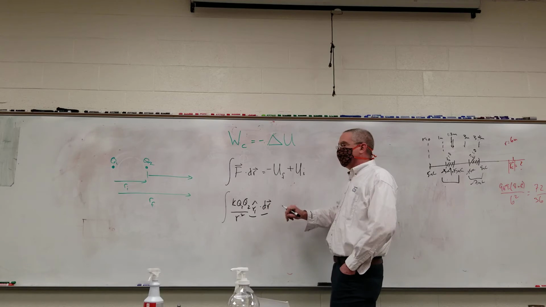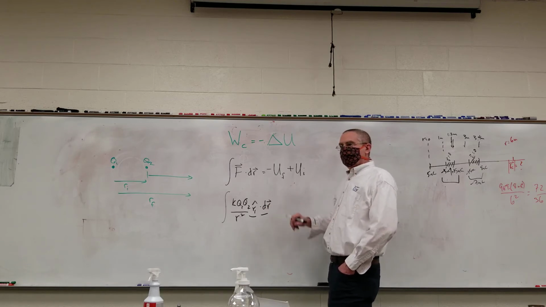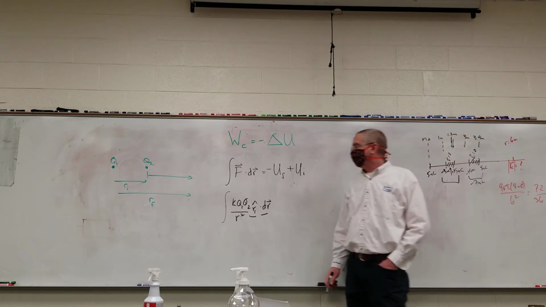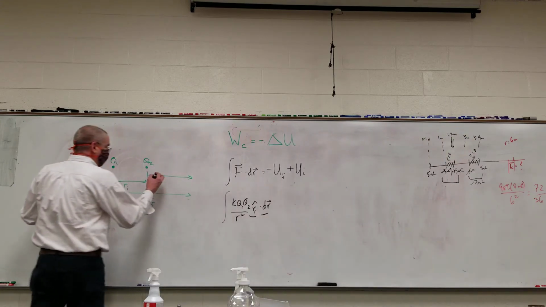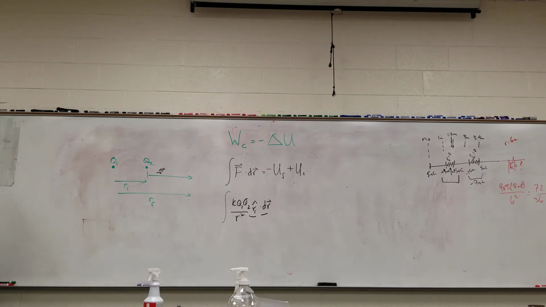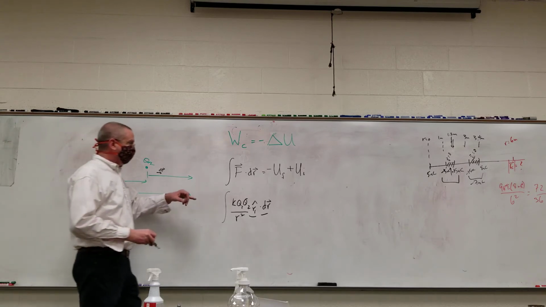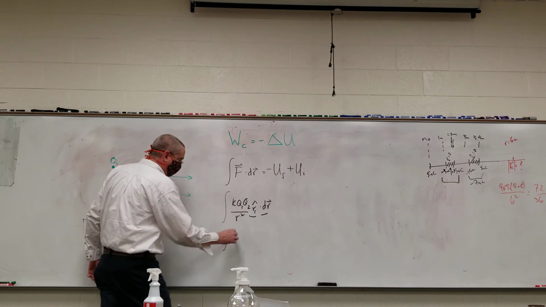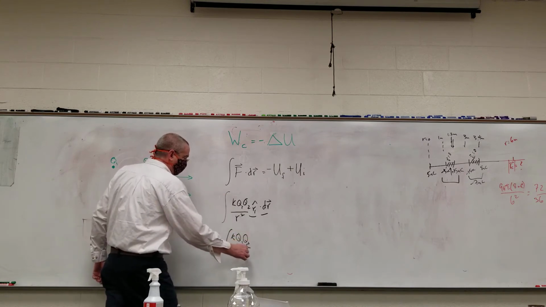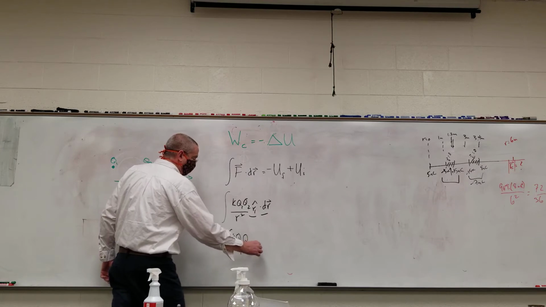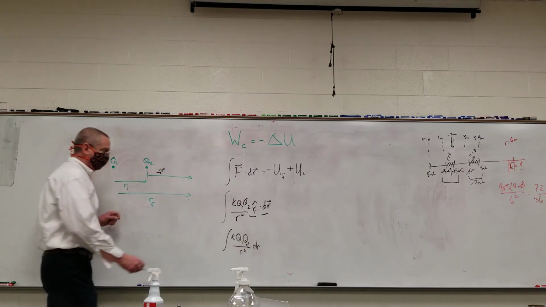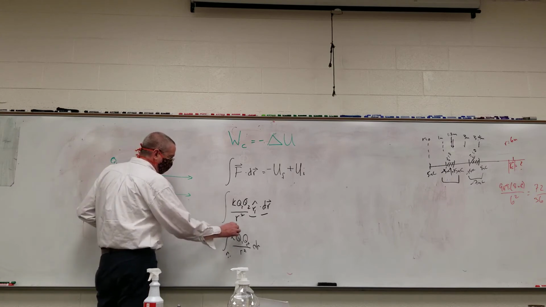I hope not, because then potential energy is 0. Parallel to R1. Yeah, parallel. Because I'm moving in that direction, that's the direction of dr. It's the same direction as R1 hat. And so I can now break this down into K Q1 Q2 over R squared dr, from some R initial to R final.